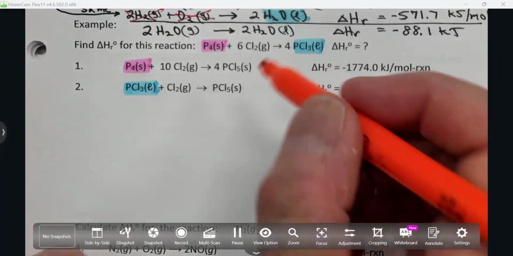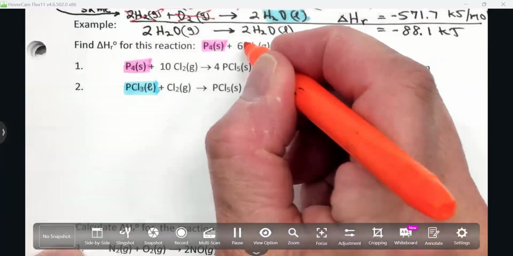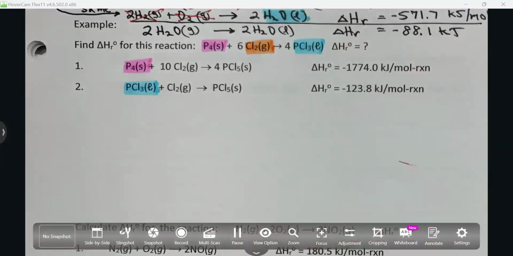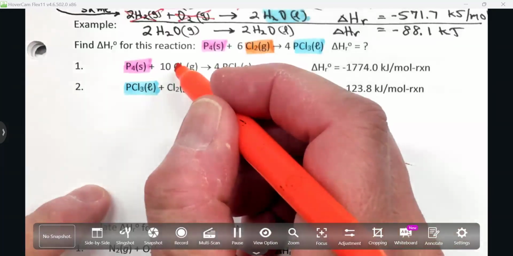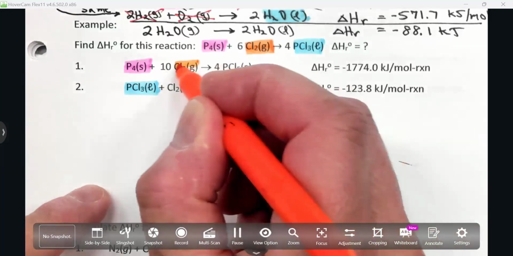And we've got Cl2. Now again, oops, where's my Cl2? What the heck? I got it in both places, huh?